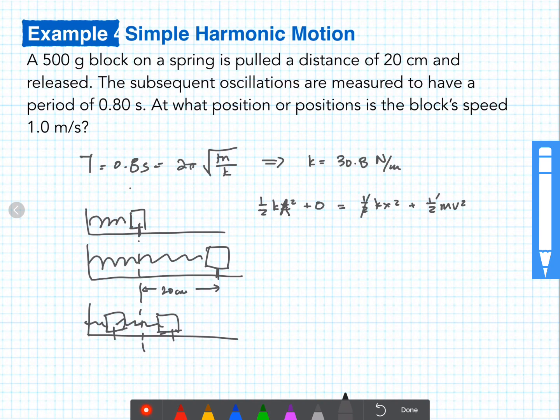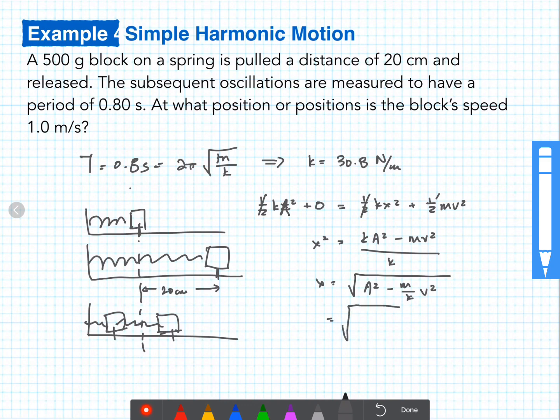It turns out we can get rid of all the 1/2s, and we're solving for x. So x squared is going to be equal to ka squared minus mv squared, divided by k, and we can say x is equal to the square root of a squared minus m over k v squared.